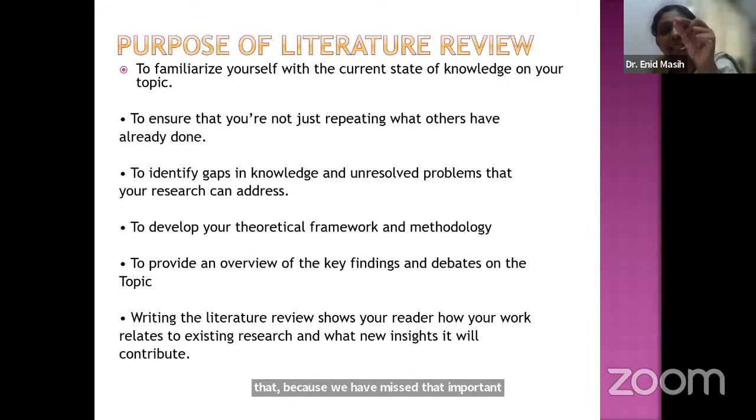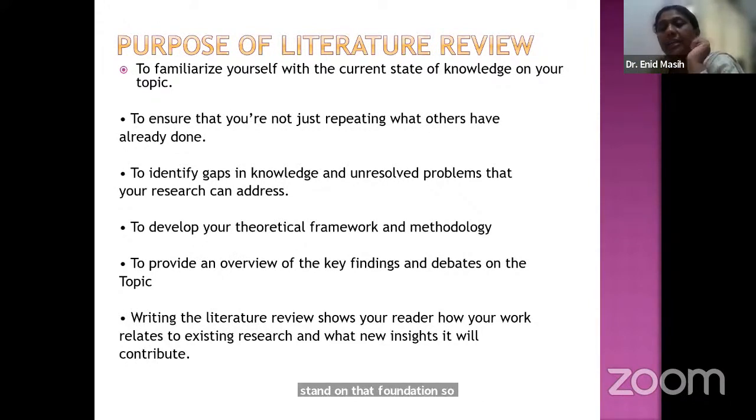In my very second slide, I told you that a literature review helps us to build a strong foundation. We all know that whenever we build any house, we always make sure the foundation is strong enough so that the whole structure can stand on it.